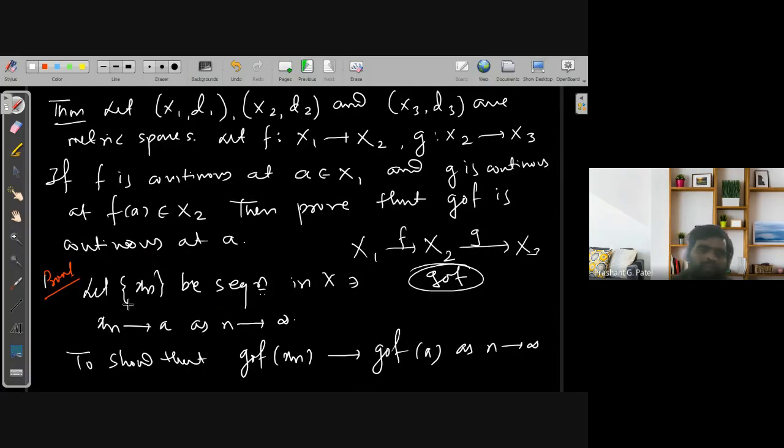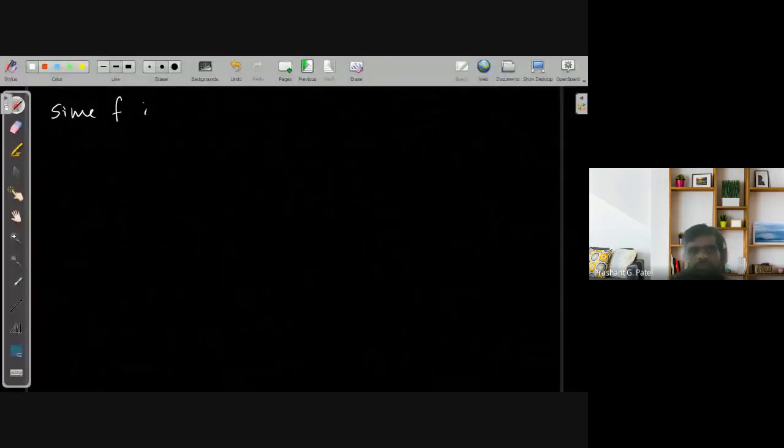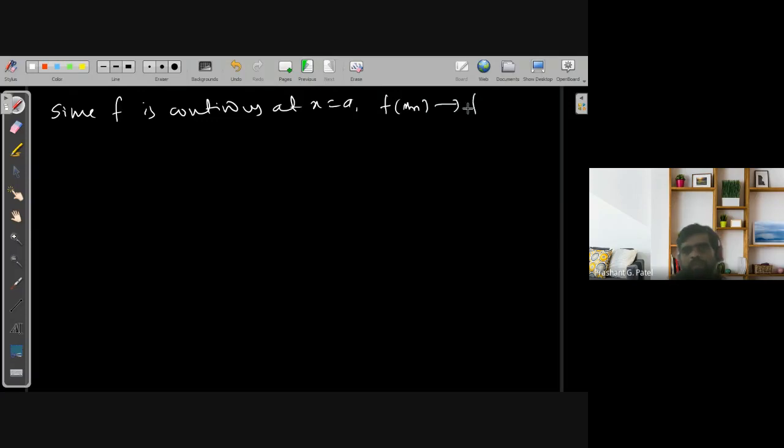Since f is continuous at point a, which is given, we can say by that result that f of xn converges to f of a as n tends to infinity.